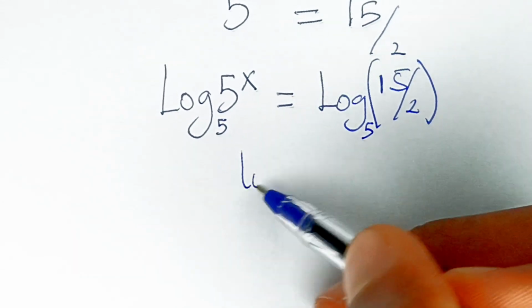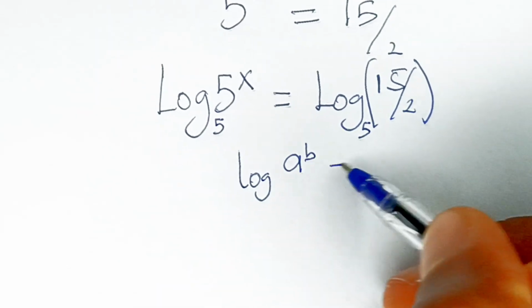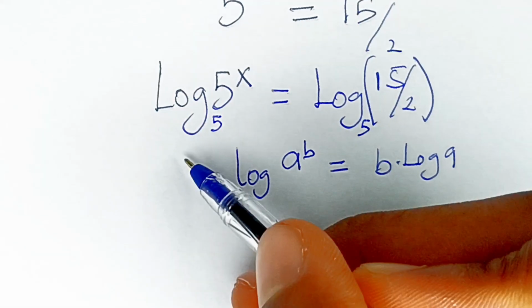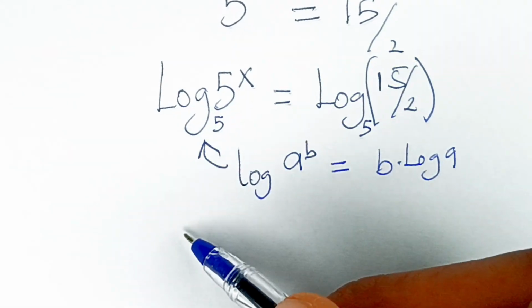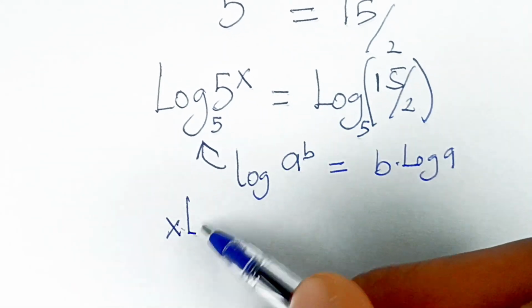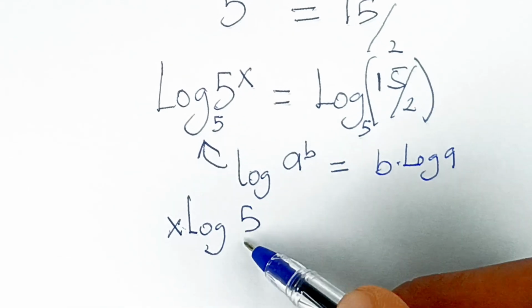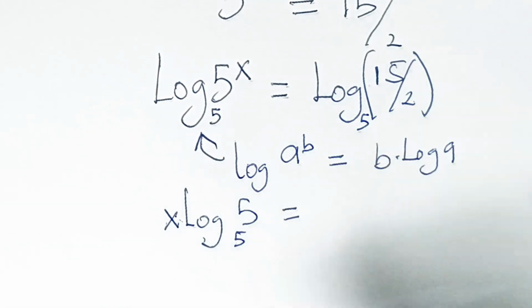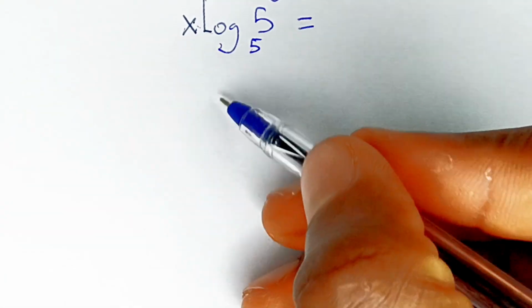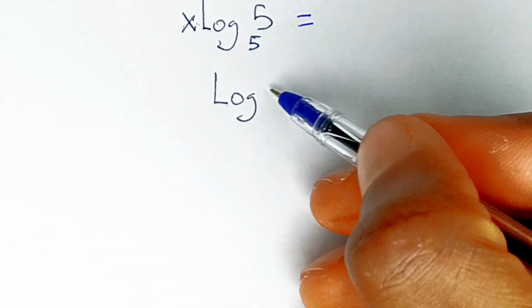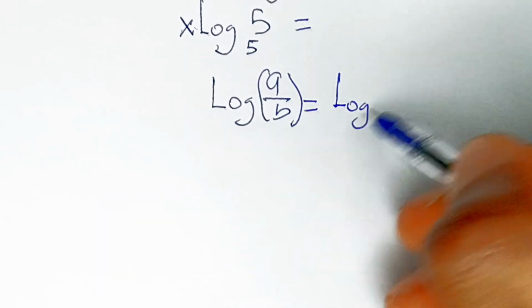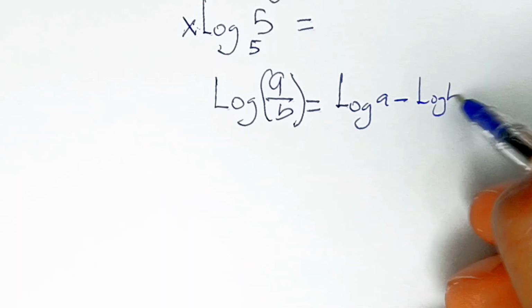When you have logarithm of a raised to the power of b, it's equal to b multiplied by logarithm of a. Applying the same law here, this becomes x multiplied by logarithm of 5 to the base 5, which is equal to, for this other one, we can say that logarithm of a over b is equal to logarithm of a minus logarithm of b.